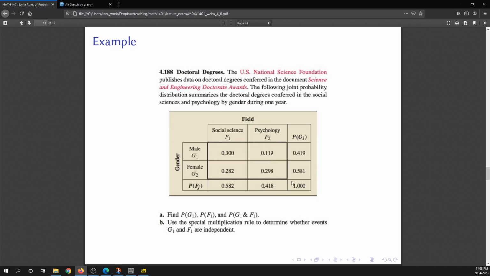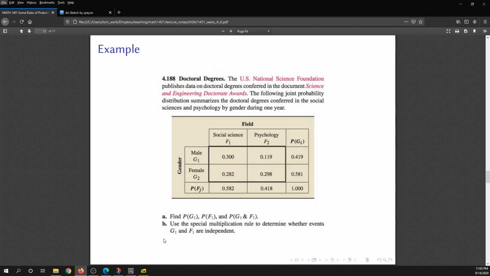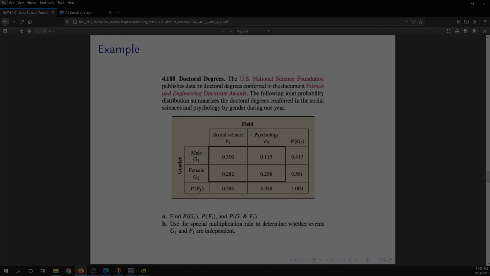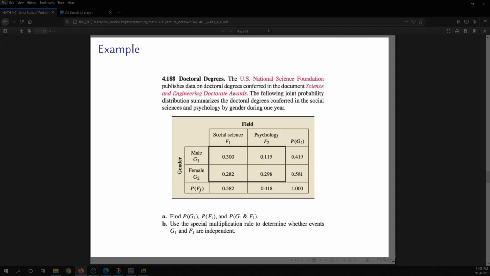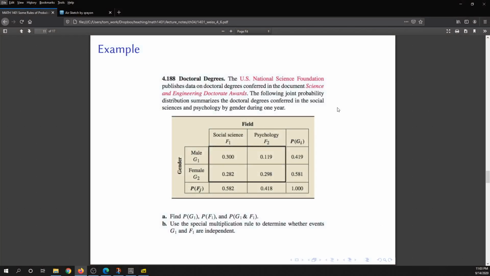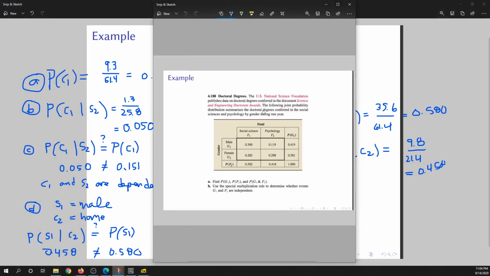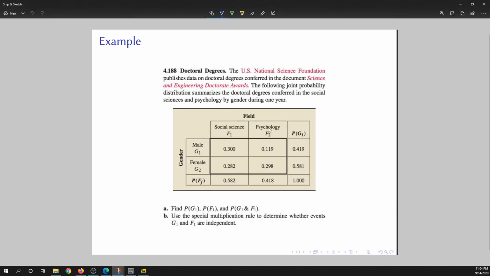All right, so we want to find the probability of G1 in part A. It's going to be a marginal probability.